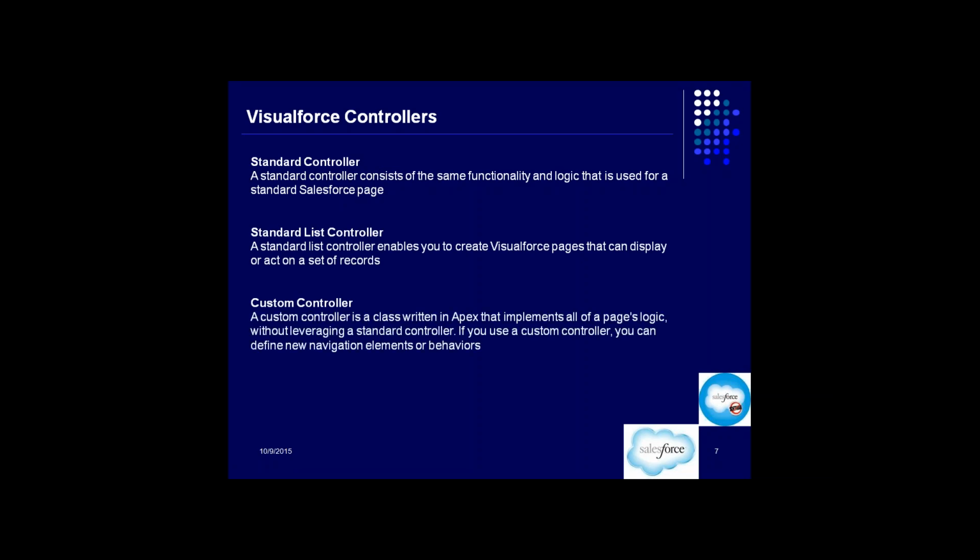Then there is a custom controller. A custom controller is where you are allowed to write your own logic and instructions. A custom controller is a class written in Apex. So this is where Apex comes into the picture. As I told you earlier, Apex can be used for writing instructions and logic. So this is where you will need the help of Apex. Till the time you don't need to create a custom controller, you don't need Apex.